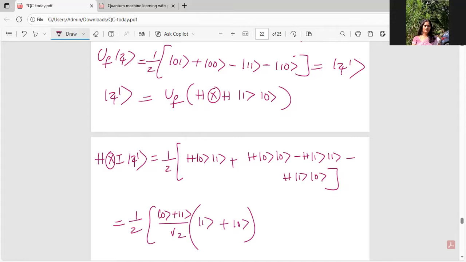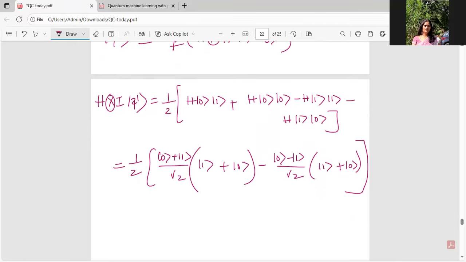And then ket 1 and ket 0 also have the same common thing. That is ket 0 minus ket 1 by root 2. Of course, ket 1 plus ket 0. Okay, is it fine? Of course, I can take out ket 1 and ket 0, guys. Okay. So 1 by 2, I can take out ket 1 plus ket 0 common. Okay. So finally, I'll be having what?